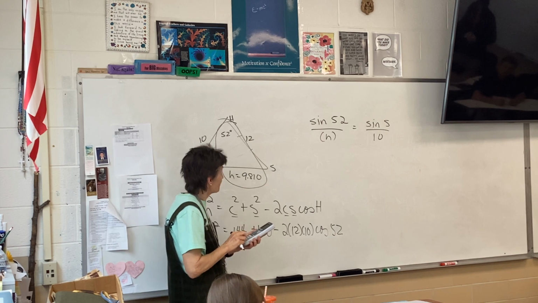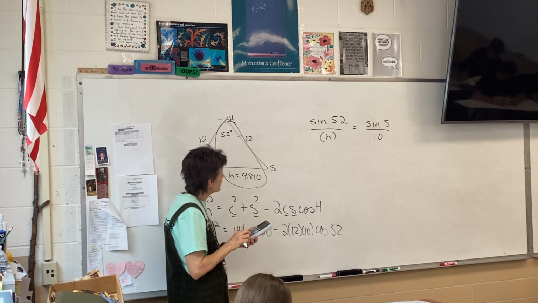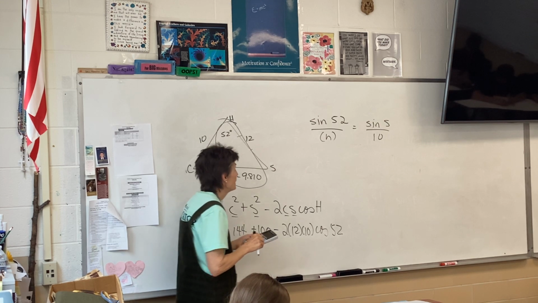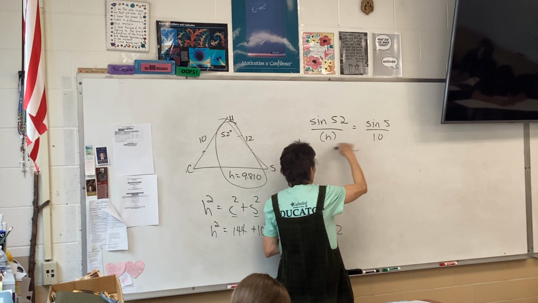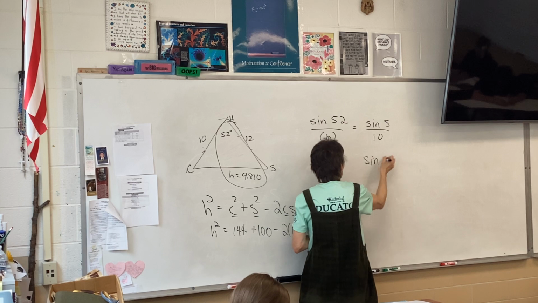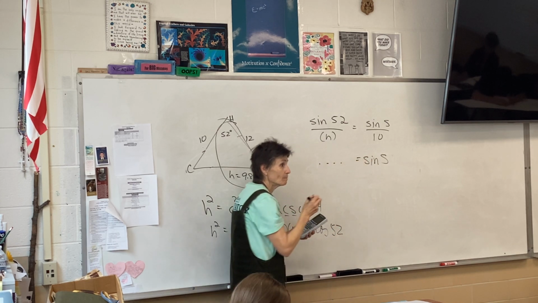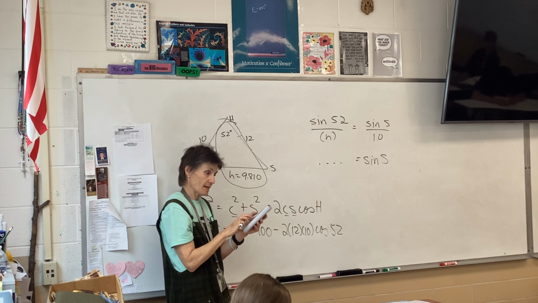So 10 sine 52 divided by h. Now, when you do your cross multiplying and dividing, you're going to end up with sine s equal to a decimal. So what do we do with that decimal? Inverse sine, that's right.